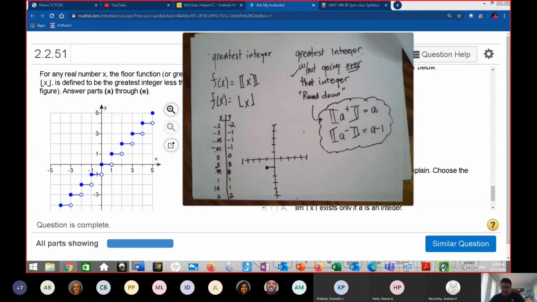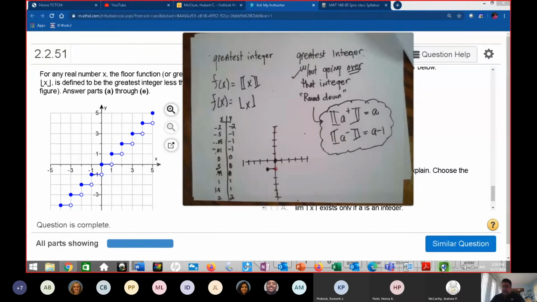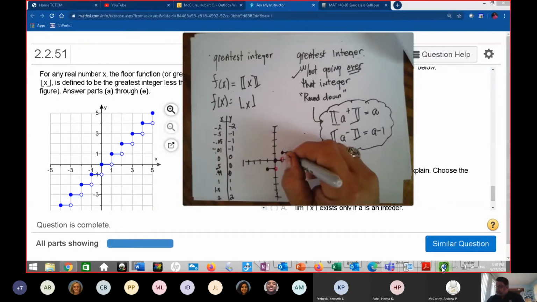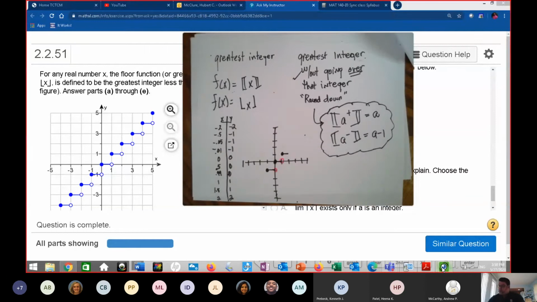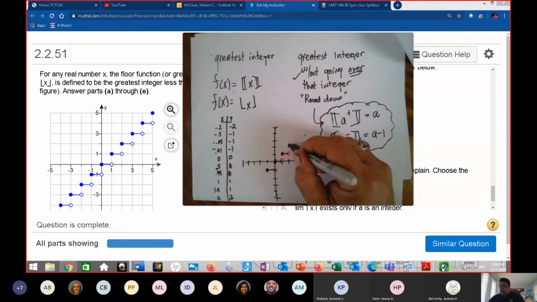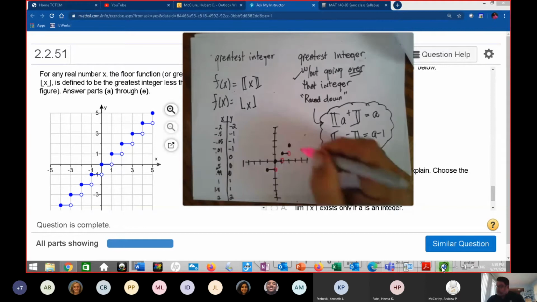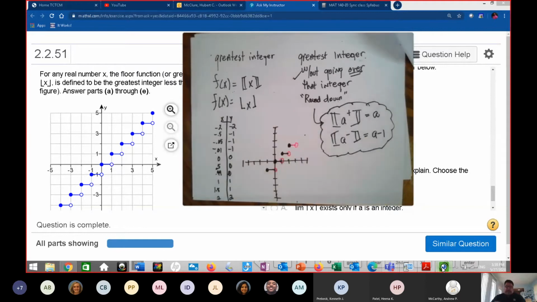That would be closed, and this would be open, and then closed, and open, and then closed, and open. Y'all get the picture? And then open. And it keeps going. And that's why it's called a piecewise function or a step function.